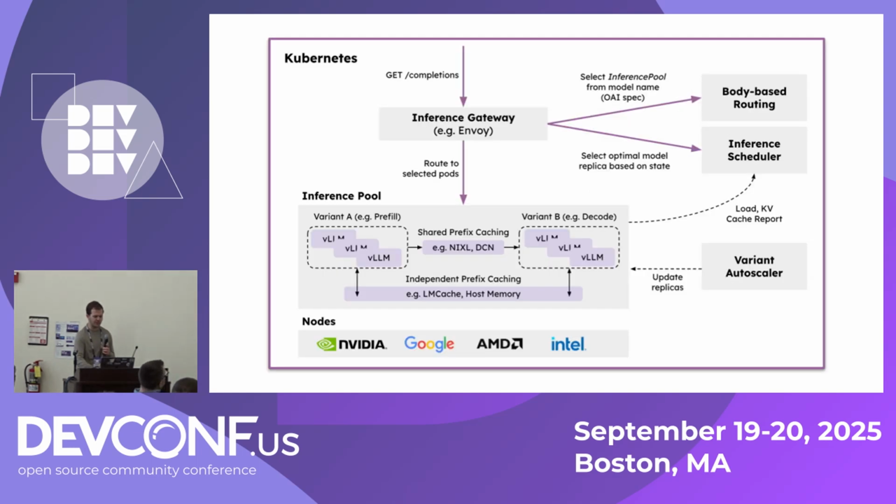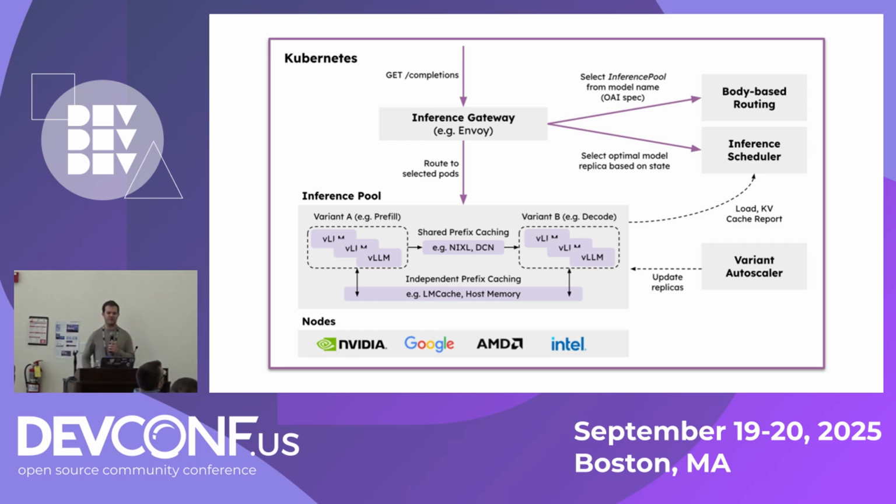This is a high-level diagram, but the overall way that llm-d works is we build on top of Gateway API, which is a core upstream Kubernetes project that's effectively the replacement for Ingress. And we hook LLM-specific scheduling logic into Gateway.